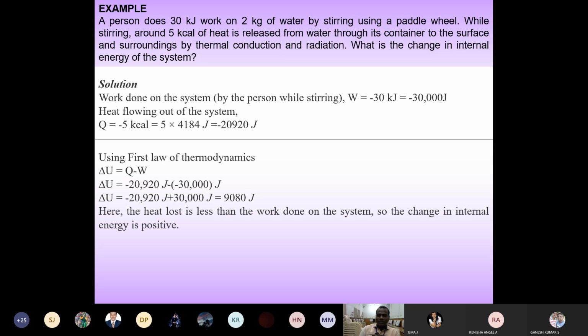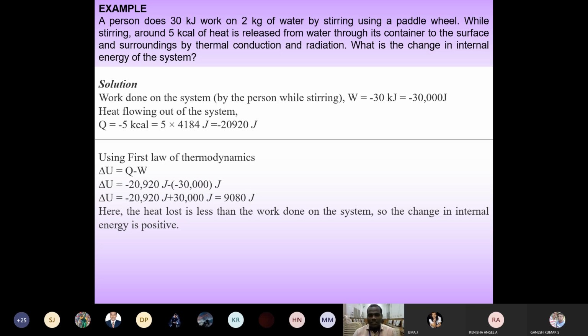So just read the questions once again. So we can have the functions and we can have what to find. Here, 30 kilojoule work on 2 kg of water by stirring using a paddle wheel. So just assume this example.